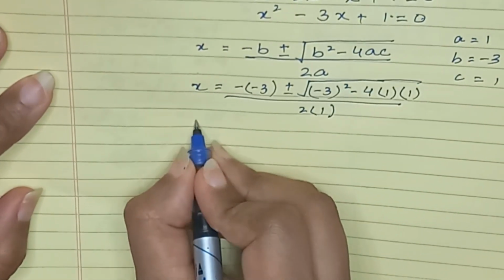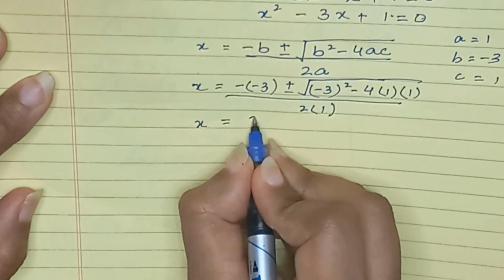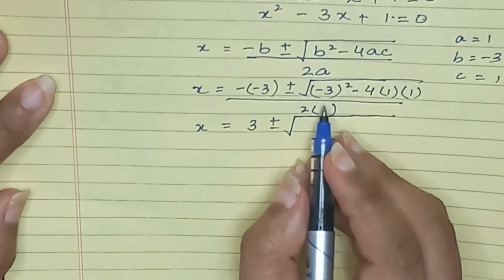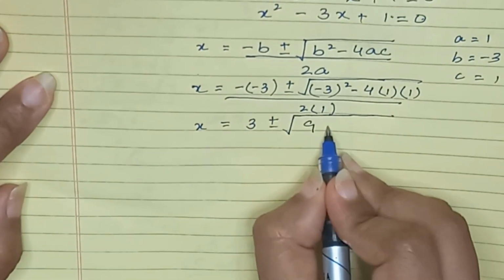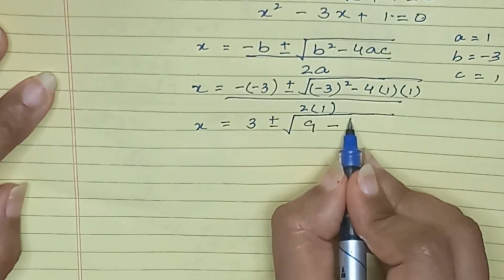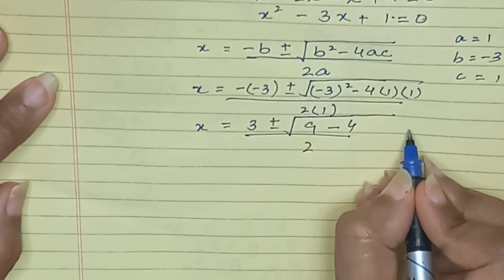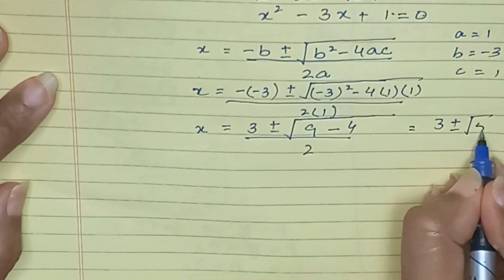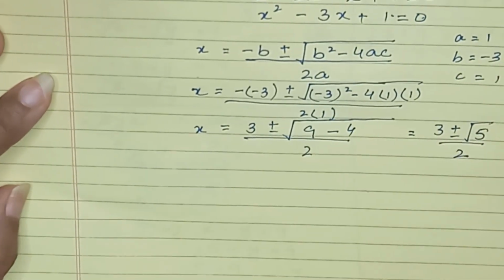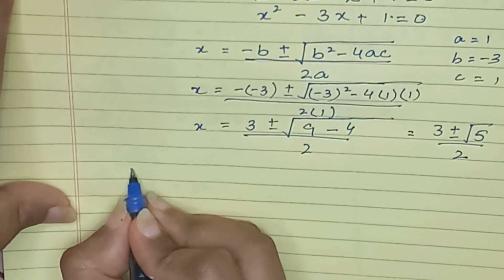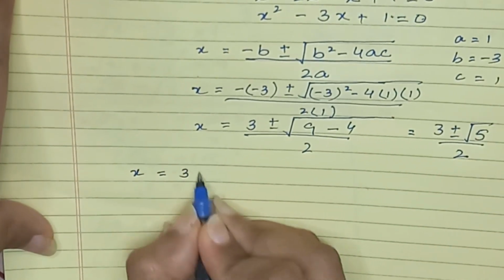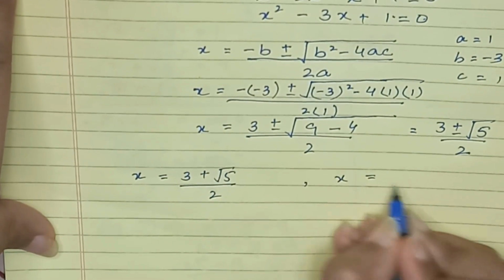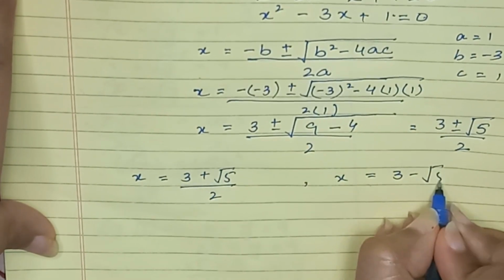Now minus minus is plus 3 plus minus square root of 3 square, which is 9, minus 4, divided by 2. So it is equal to 3 plus minus square root of 5 divided by 2. So the values of x are x is equal to 3 plus square root of 5 divided by 2 and x is equal to 3 minus square root of 5 divided by 2.